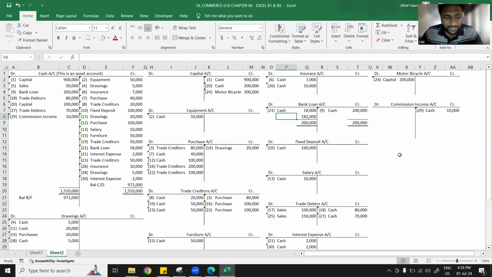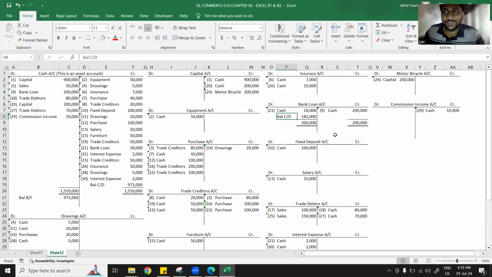So tell me people, make a balance CD, closing balance. Thinking carefully, end of the year loan, how much you have to pay? 2 lakh or 182,000 end of the year?